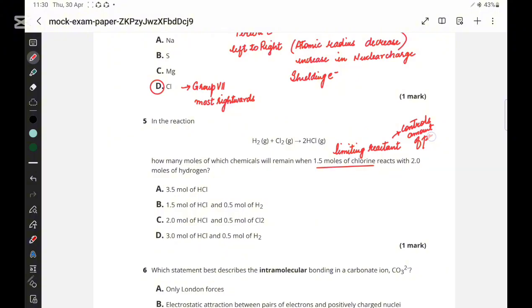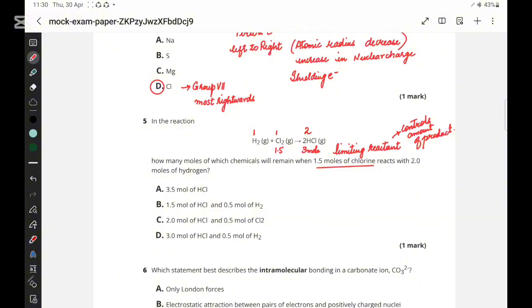So if we have 1.5 moles of chlorine, according to the equation the ratio is 1:2, so it is going to form 3 moles of HCl.